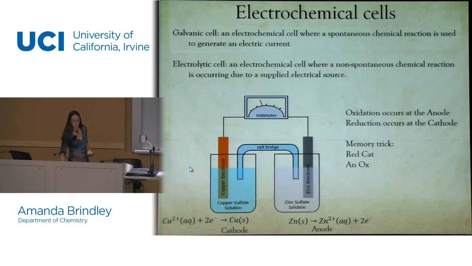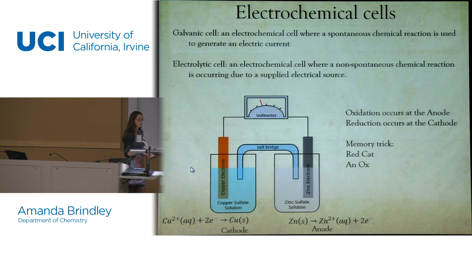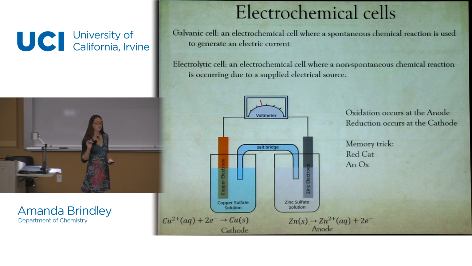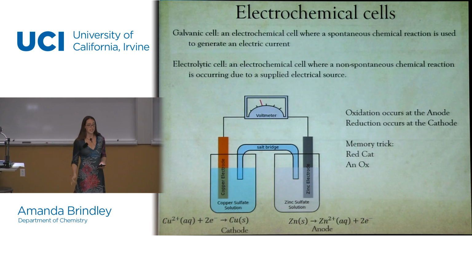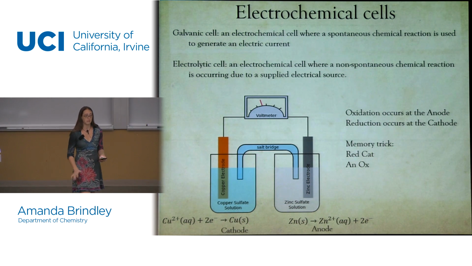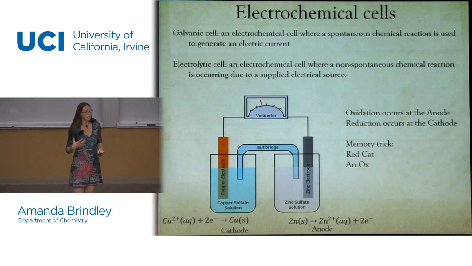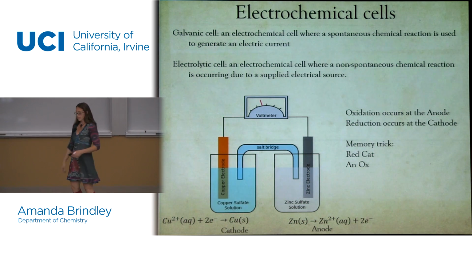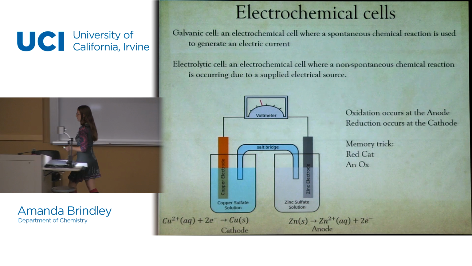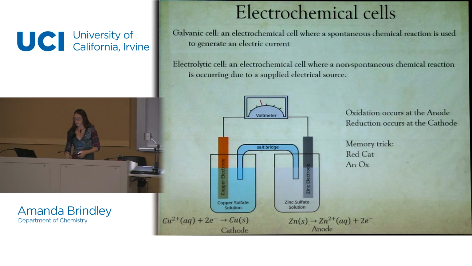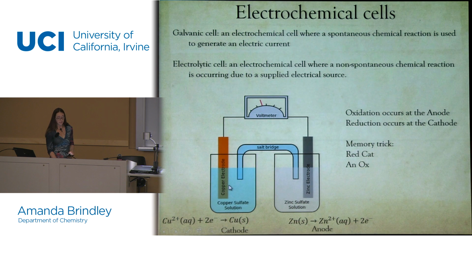So right here, I have an example of a spontaneous one for you. We haven't talked about how to figure out which one's the anode and which one's the cathode yet, so don't worry about that. We'll cover it in a second. But if this is happening, I'm just going to tell you that this is the anode and this is the cathode so that we can talk about it. This reaction right here is happening over here.